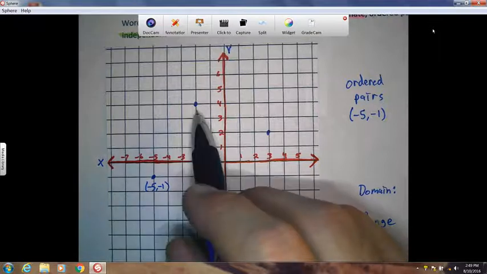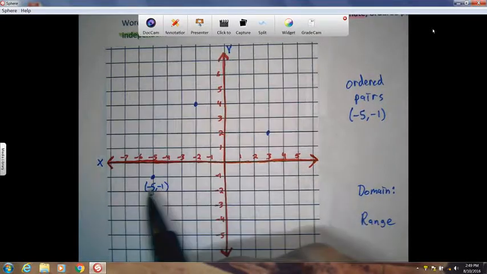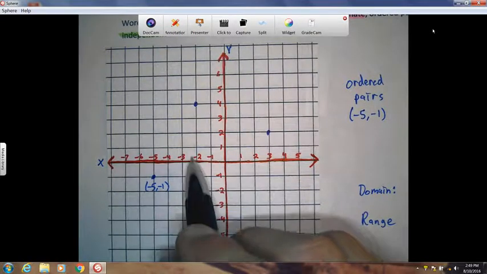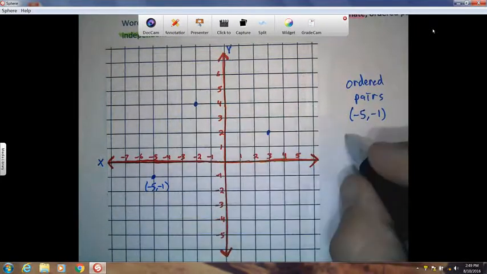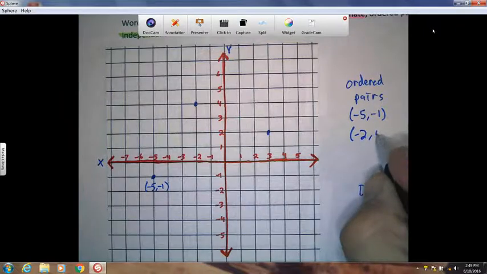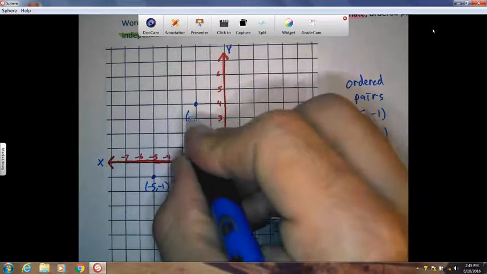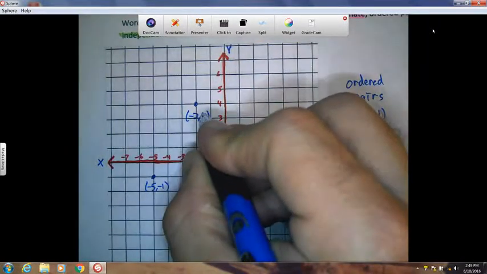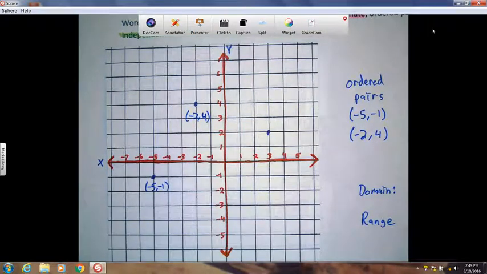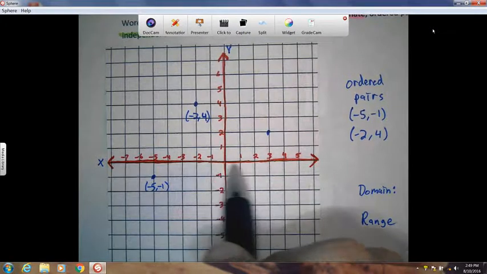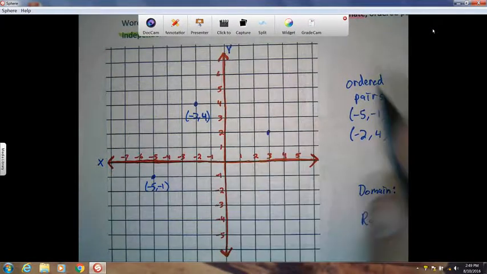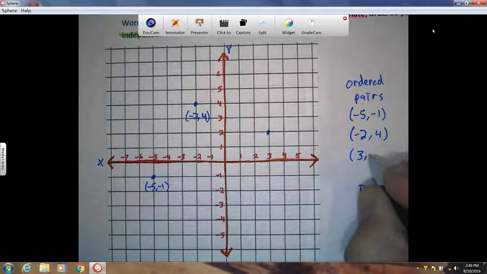The next one, remember X comes first, so I have to go to the left 2, so that's -2, up 4, so that's +4, so that's -2, 4. Remember, X variable always comes first. Then here I also have the last one, my X is 3, Y is 2. So it's 3, 2.